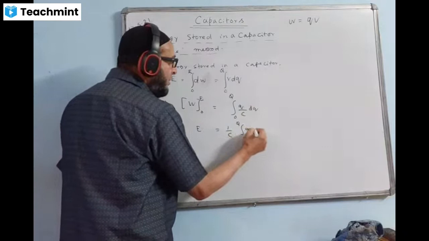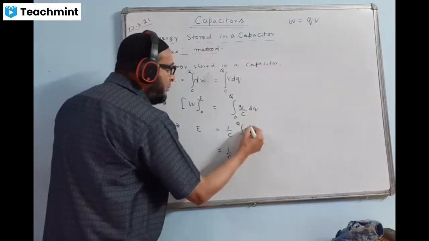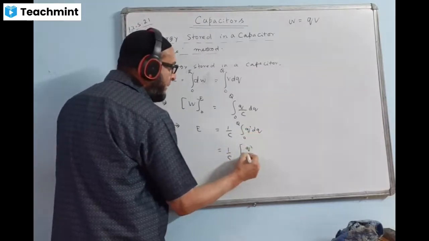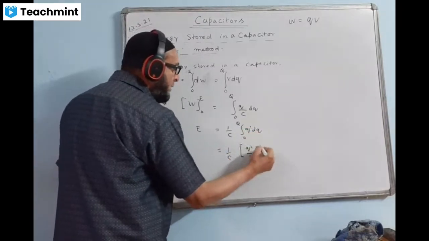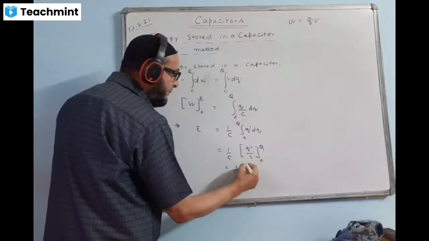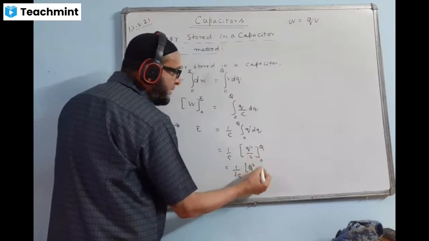First I write q dq, next line I'll do the integration. 1 by C as it is. Q power is 1, so the answer will become Q square by 2, with limits 0 and capital Q. These two I'll multiply, it becomes 1 by 2C. And Q value, first I'll put the upper value and then lower value, minus 0 square.